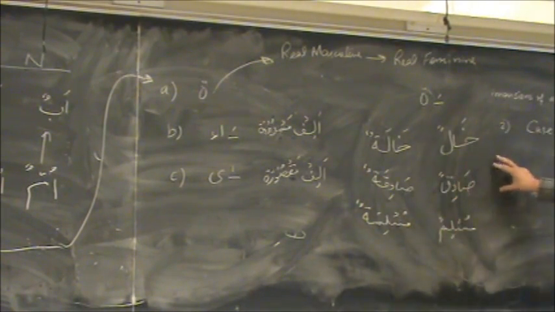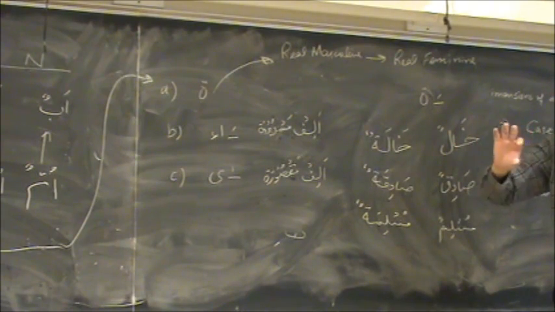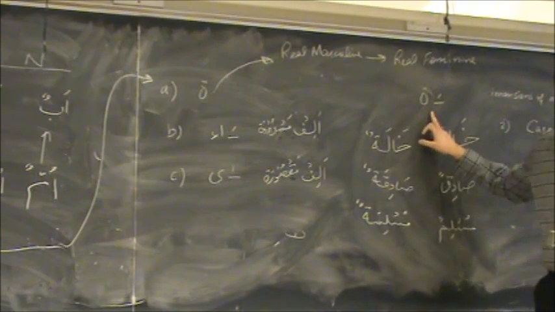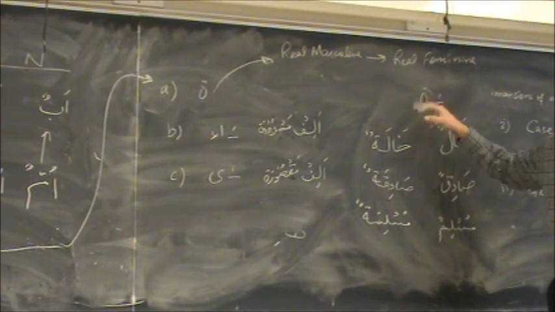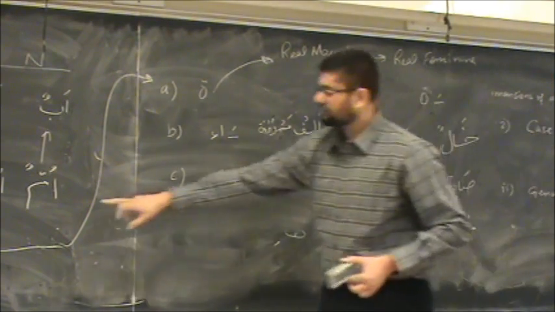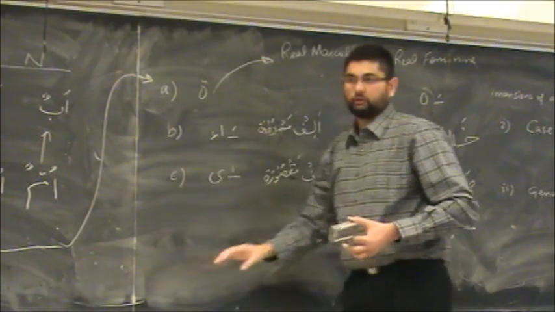This applies to most of them. Okay. Any questions? No. And so for nouns having real gender, you could transform them to real feminine by adding ta marbuta. But it also applies to unreal. That's why I said it covers both, some real plus some unreal.